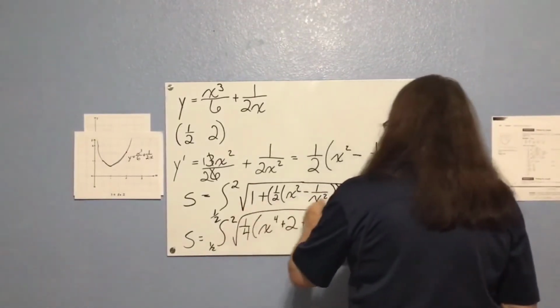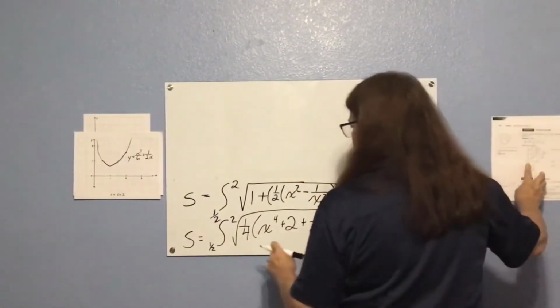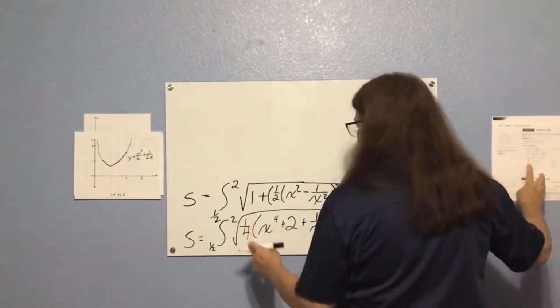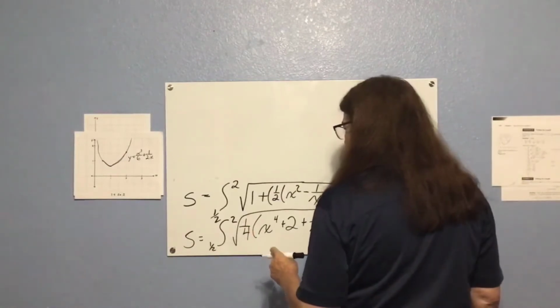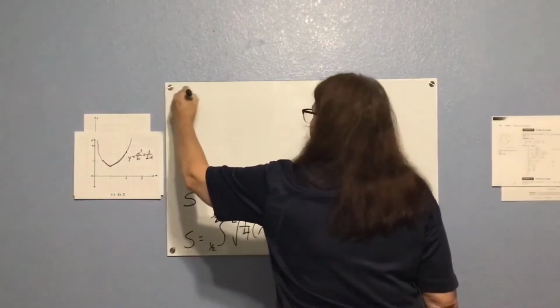Oh, and this is all square root. Okay, we know that square root of 1/4 is 1/2. And since that's a constant, we're going to go ahead and take that out.